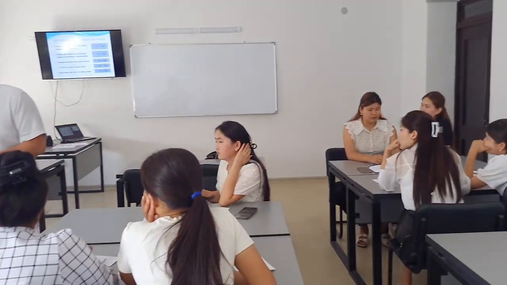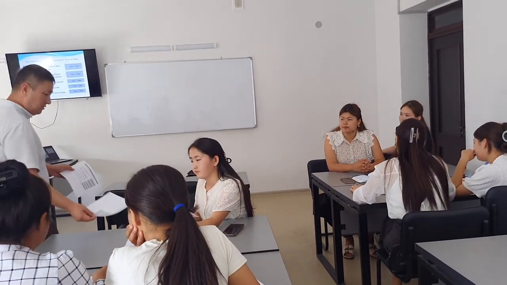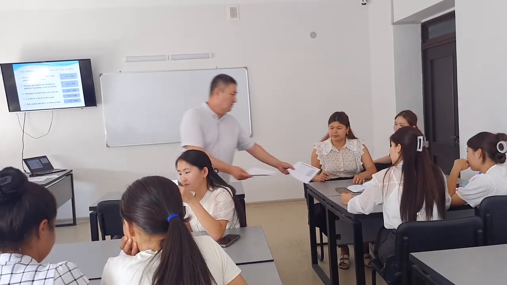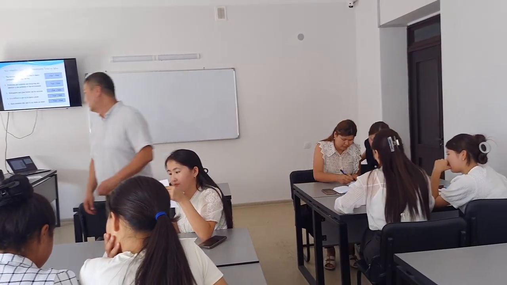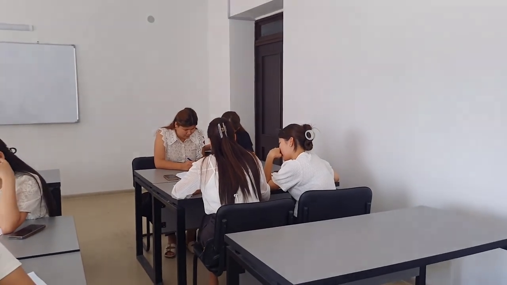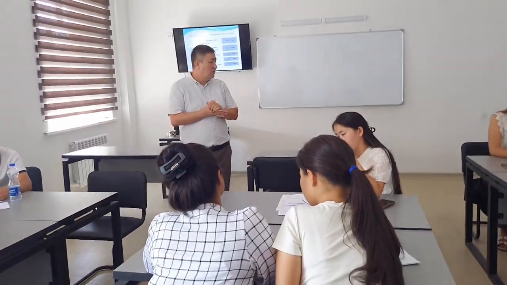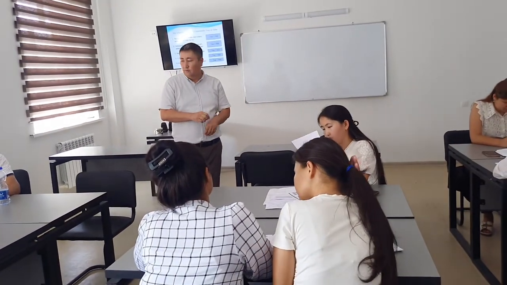Also, you can see it on the screen under handouts. Do the handouts. On the screen we will continue. So I think 2 minutes is enough to do this true false task.